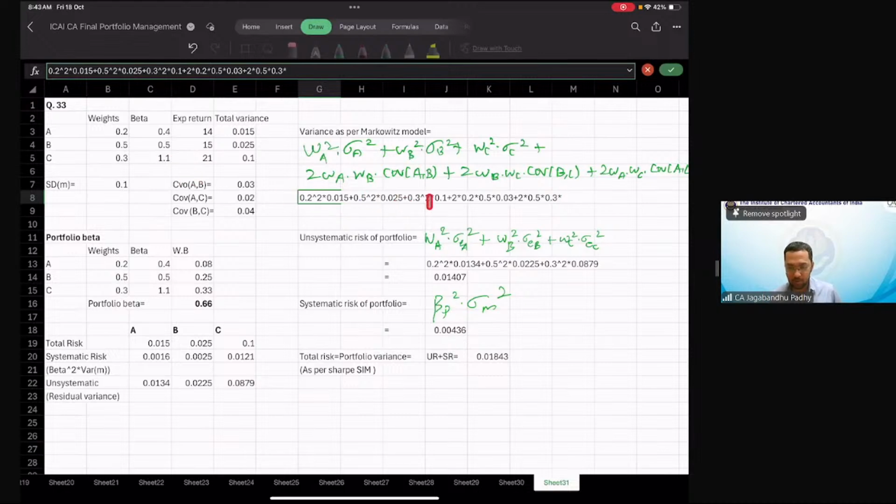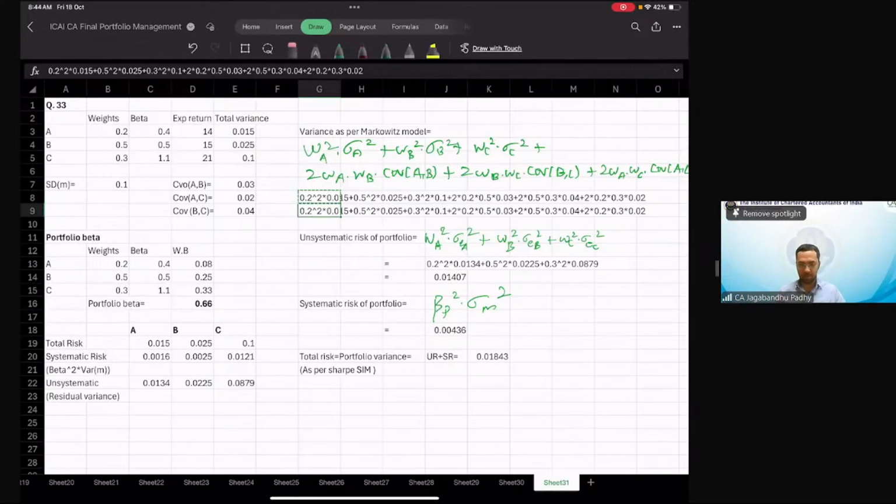So we did the covariance between A and B. Now we're going to take the covariance between B and C. So B and C, it is 0.04 plus 2 into 0.2, which is weightage of A, weightage of C into covariance between A and C.